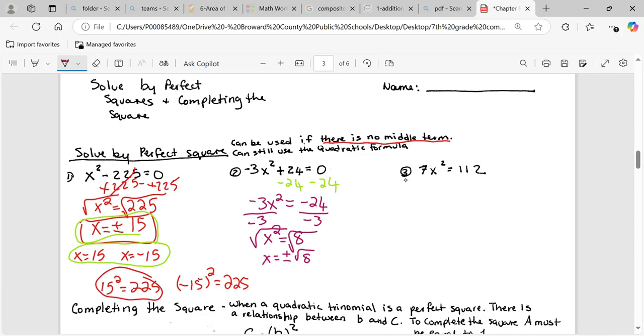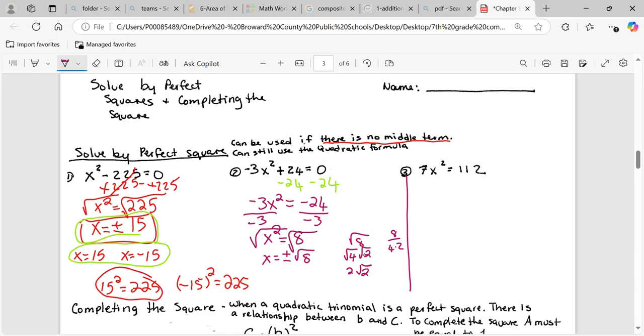If you recall way back when, we can make it into two factors. The factors of 8 are 4 times 2. That means the square root of 8 can be broken into the square root of 4 times the square root of 2. We're looking for the perfect square, and the perfect square is 4. So we have 2 square root of 2.